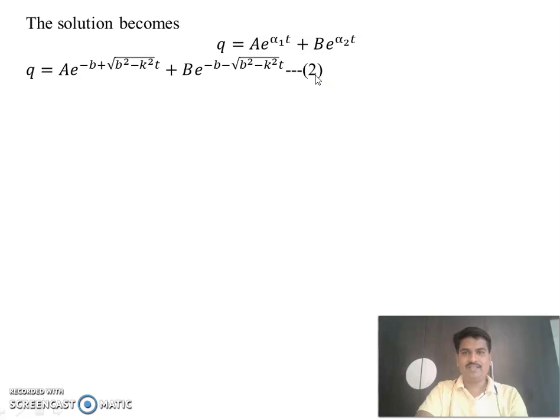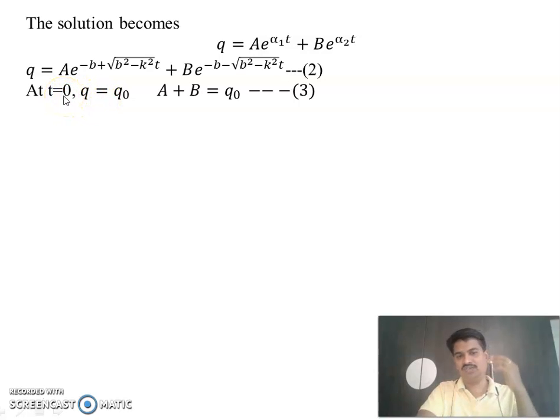Now I need to find the values of A and B by applying the initial conditions pertaining to the problem. The initial condition is that at t equal to 0, q is q naught. This is the case of discharging of a capacitor through an inductor and resistor.